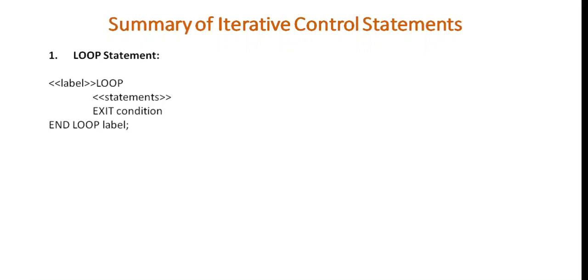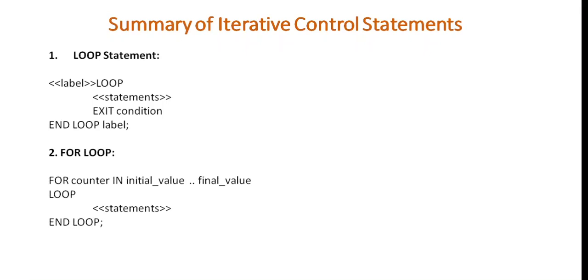The EXIT statement is used to specify the exit condition, and if we don't specify an EXIT statement in the LOOP, then the loop will go into an infinite loop.